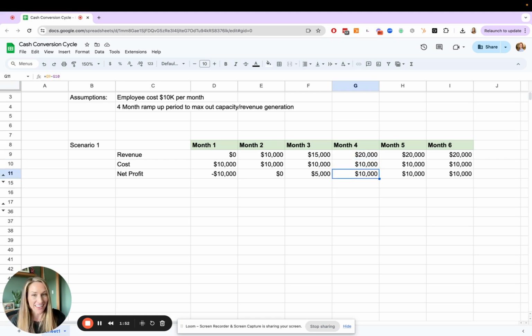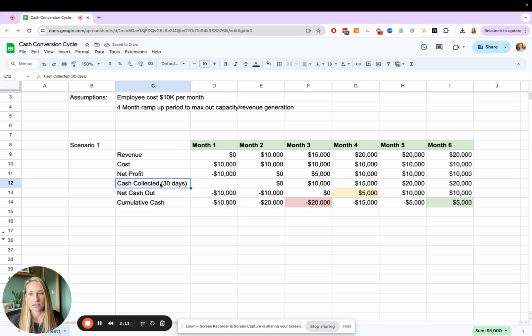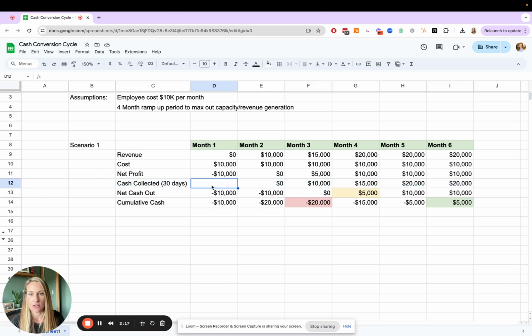But here's the thing. What if our company does not get paid in the same month that we generate revenue? So now let's go ahead and assume that after we generate revenue, we send out invoices to our clients and then they pay us 30 days later. So as you can see here, we've got the cash being collected 30 days after the revenue is generated.